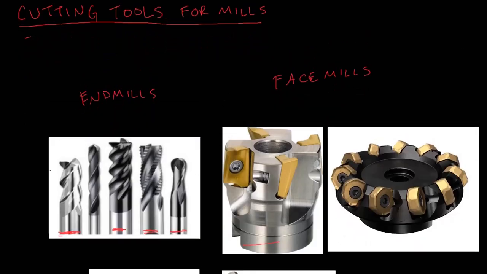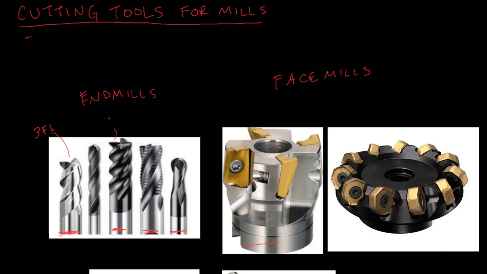So anyway, going back to end mills, they can have any number of flutes. Well, maybe not any number, but from one flute up to 6 or even more. This one is a 3 flute end mill.